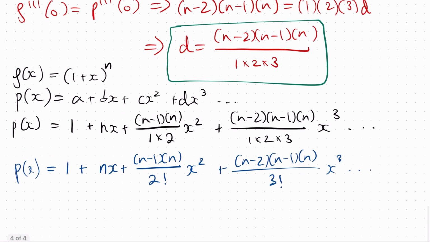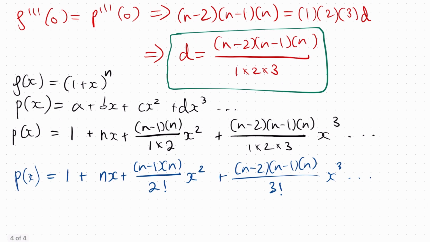There's just one more thing. You might be wondering what to do if f of x hasn't got the 1 in front. So what if it's like 5 plus 1/3 x to the n? It's quite simple, actually.